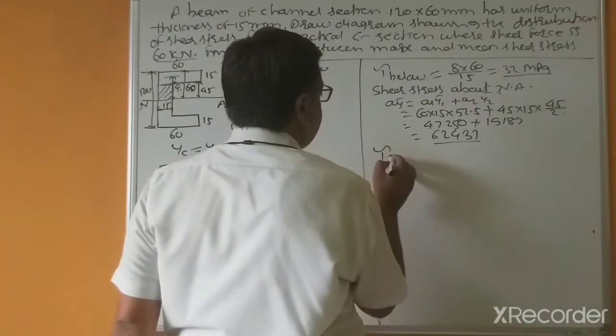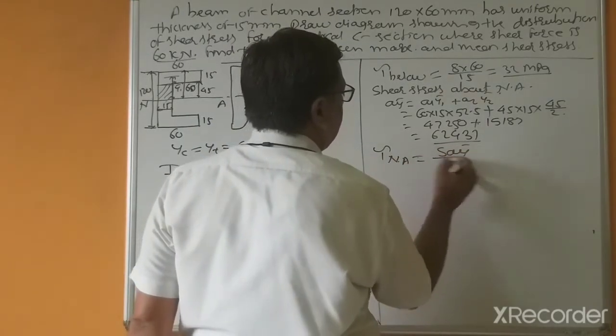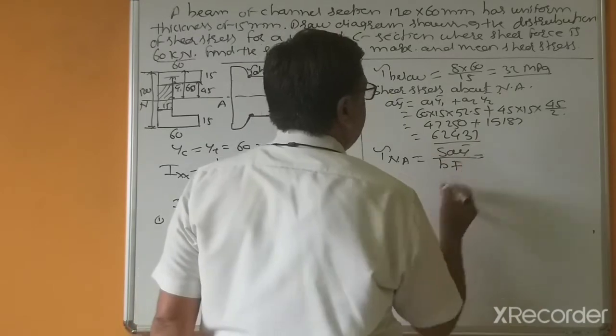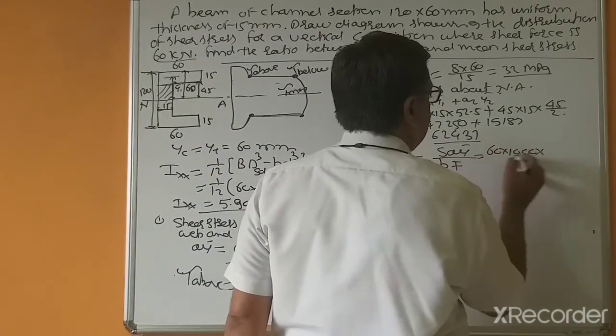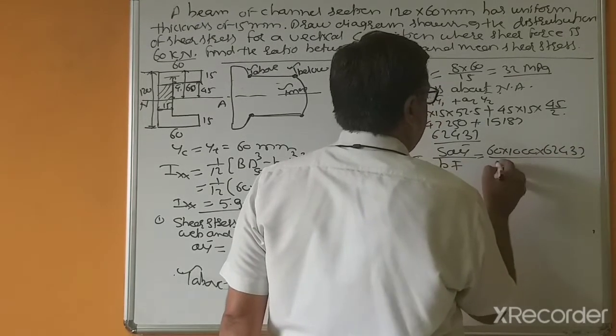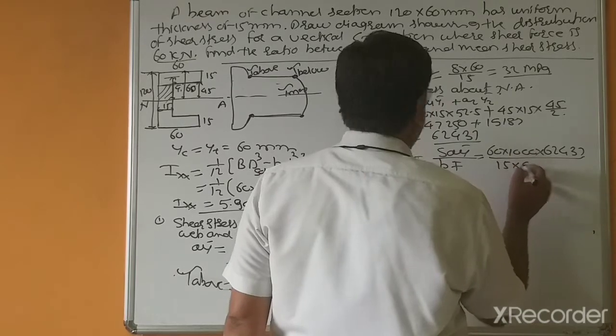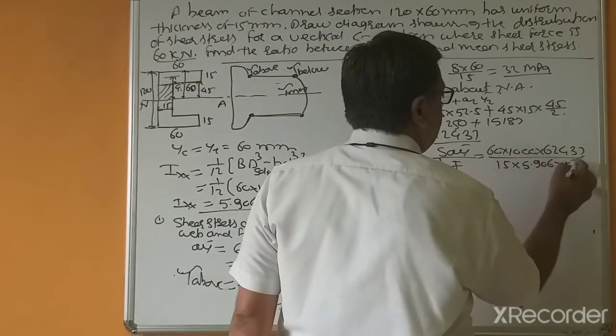So shear stress about the neutral axis equal to S AY bar divided by b I. 60 into 1000 multiplied by 62437, b equal to 15, and this is 5.906 times 10 to the power 6.